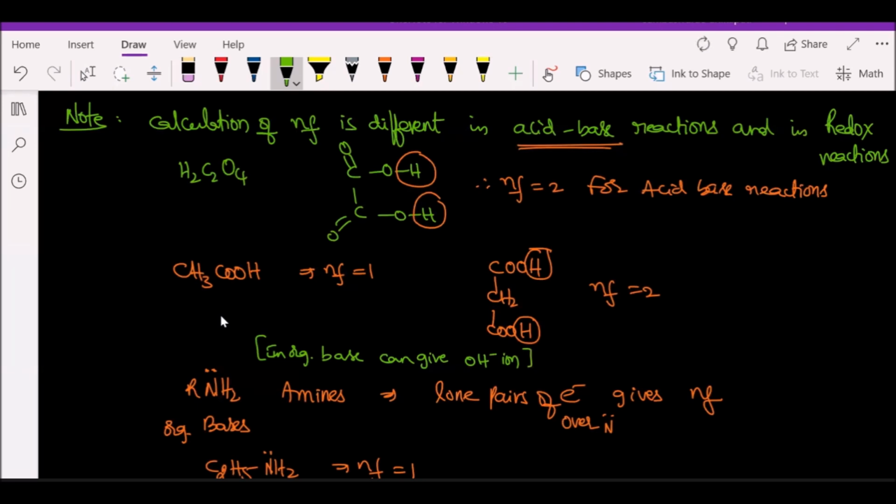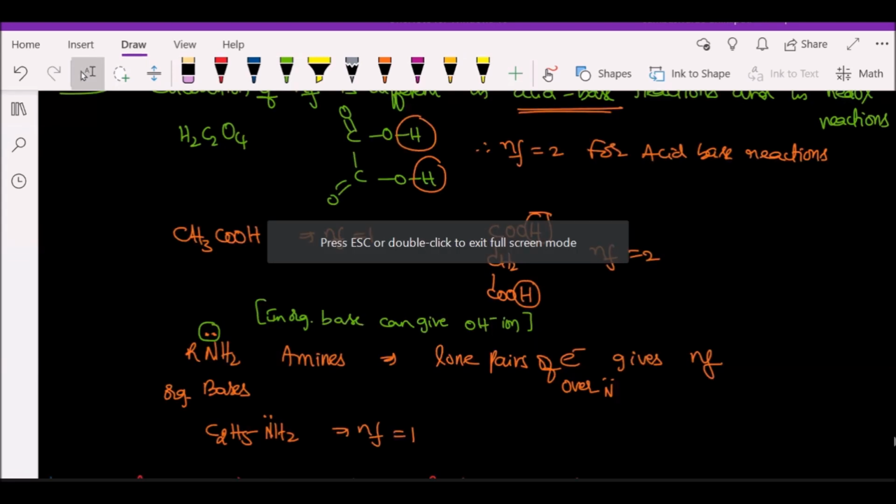They are acceptors of H plus. So how many H plus they will accept depends on the number of lone pairs over nitrogen. Here we have only one lone pair over the nitrogen, so it can accept only one H plus ion. So we can say N factor is 1.